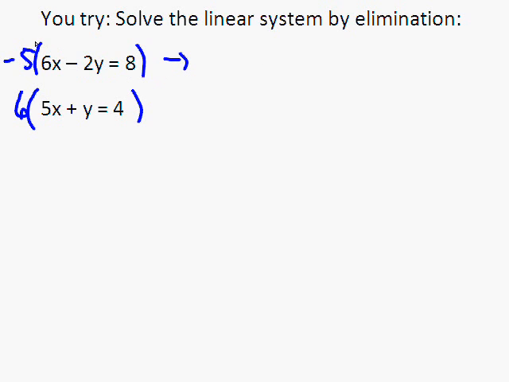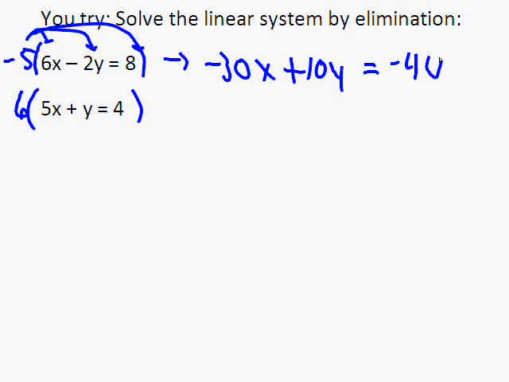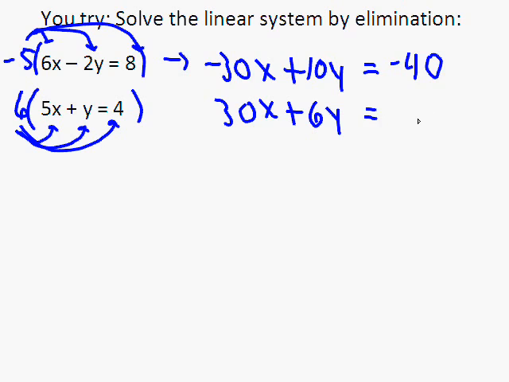This is going to give us a negative 30x. Negative 5 times negative 2y gives us a plus 10y. And negative 5 times positive 8 gives us a negative 40. Distributing the bottom equation, we get 30x plus 6y is equal to a positive 24.